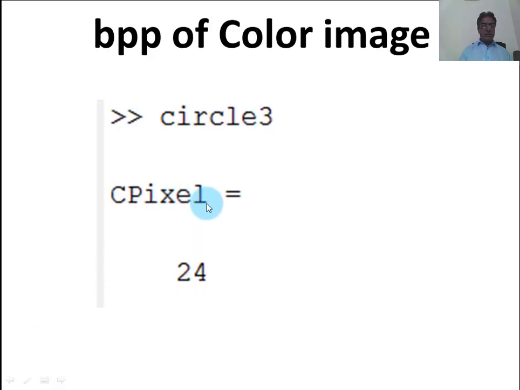The C pixel value is equal to 24, because the pixel value in the red plane is 8 bits, the pixel value in the green plane is also 8 bits, and the pixel value in the blue plane is also 8 bits. Total becomes 8 times 3, that is 24. So bits per pixel in the color image will be 24. That is per pixel: one pixel will contain 24 bits.